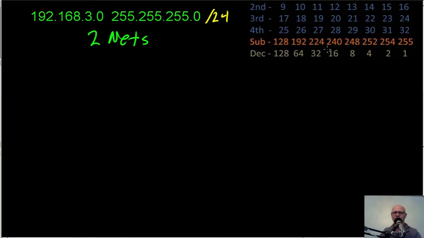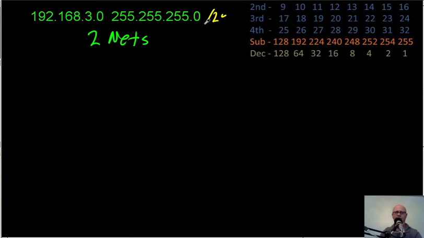So this chart does multiple things. First off, let's get acclimatized. We have our subnet line, our decimal line, and our 3 octet lines. Now, one awesome, powerful thing that this chart does is it will rapidly convert a dotted decimal to a CIDR slash notation, or vice versa.